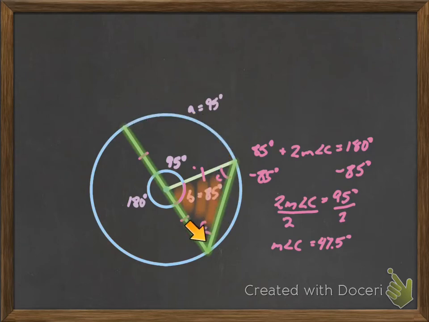This is 47.5 degrees. So an inscribed angle is actually half its intercepted arc measure. So that's why this actually is true, is because radii of a circle are congruent and they form these isosceles triangles, which creates this phenomenon here. So a central angle is equal to its arc measure. An inscribed angle is half its arc measure.